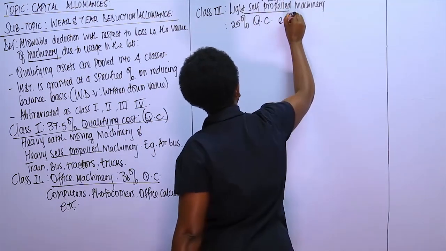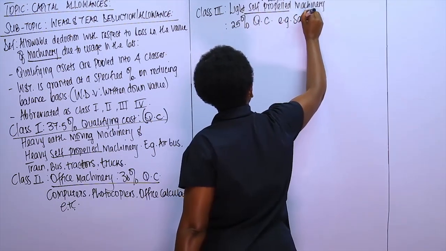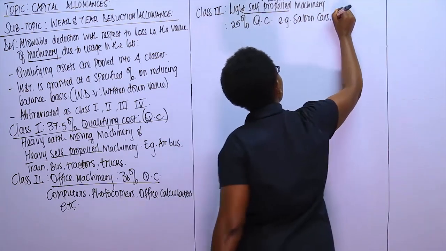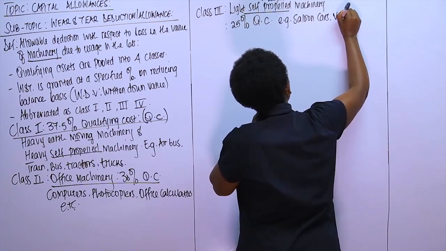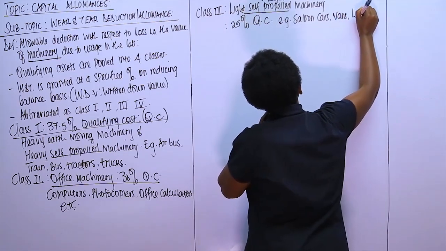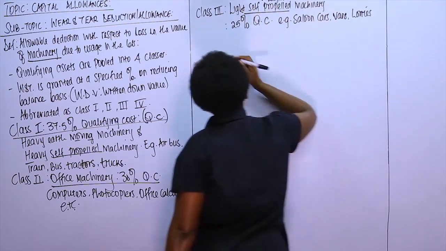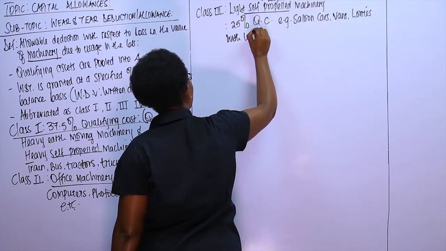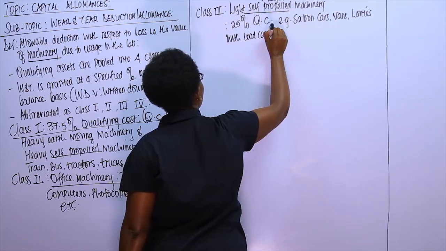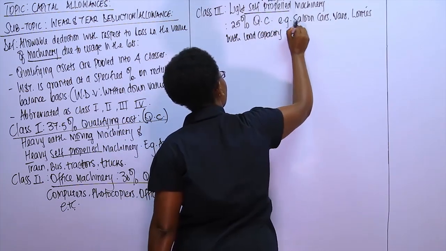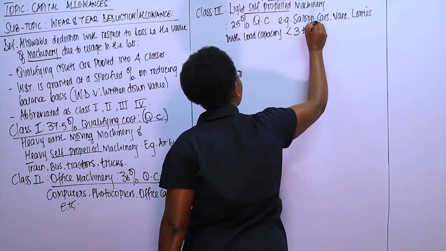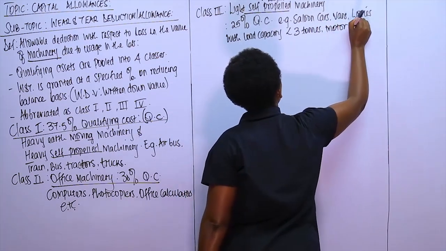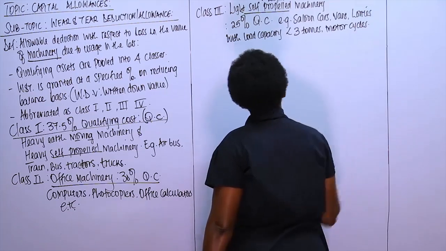So for example, saloon vehicles, saloon cars, vans, lorries with load capacity of less than 3 tons, motorcycles, and such like.